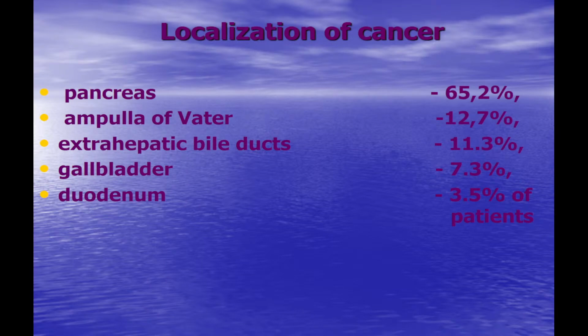Localization of cancer. Anatomy of pancreas, if you remember: head part of pancreas, neck part of pancreas, body, and tail.